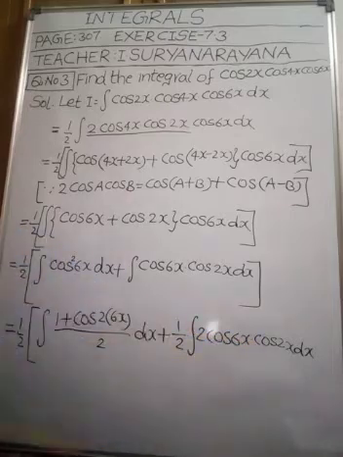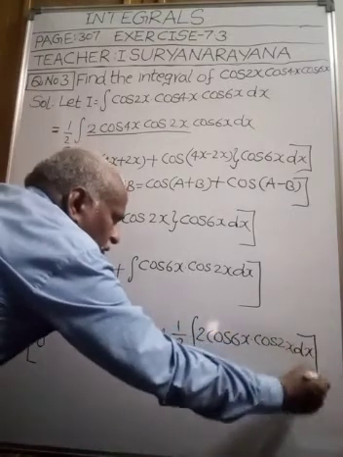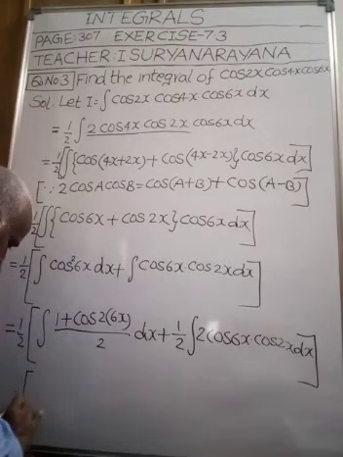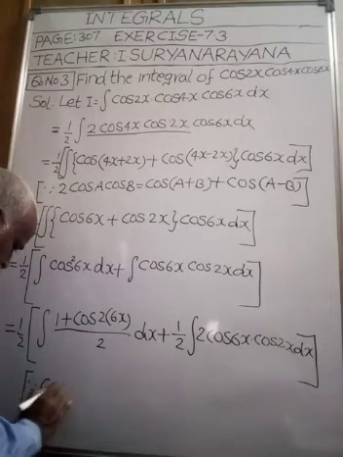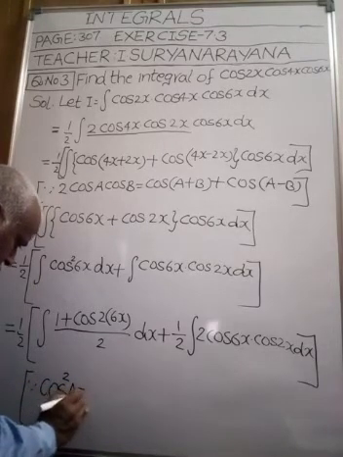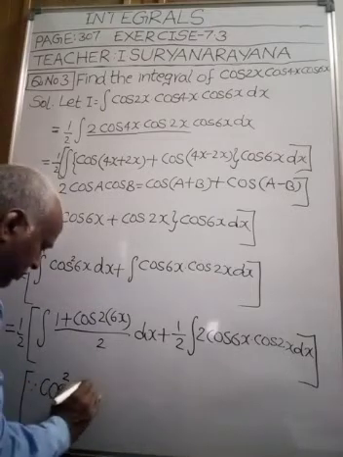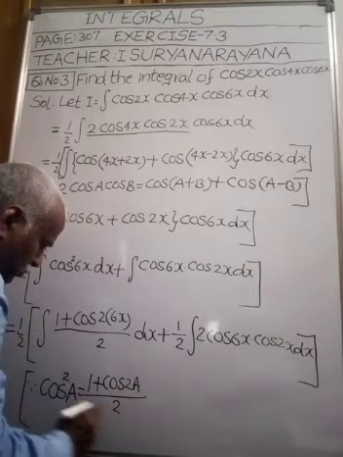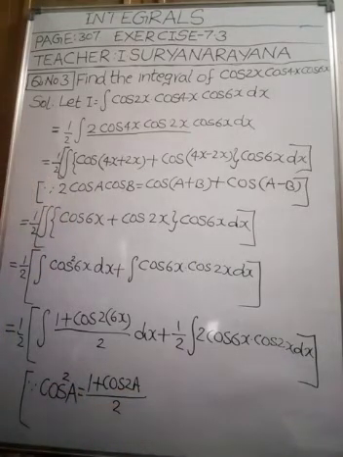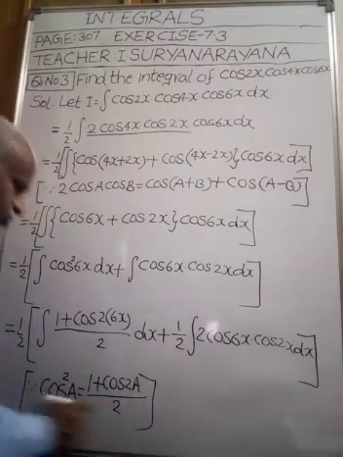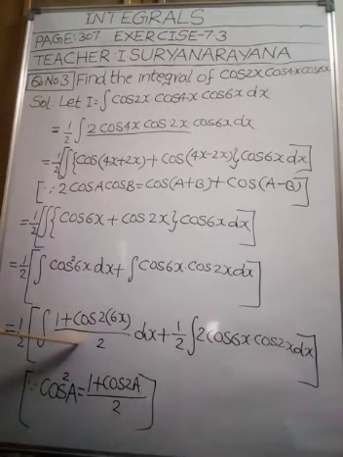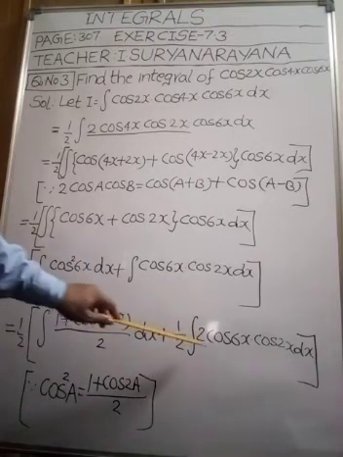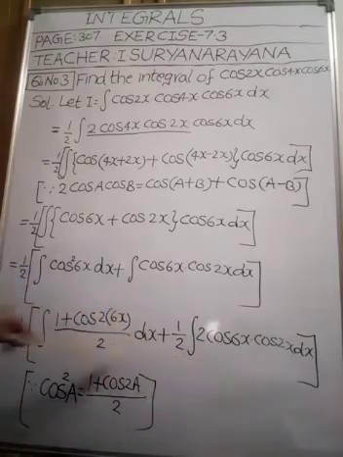Understood this second term, children? Here for the first term we used the trigonometric identity formula cos square a is equal to 1 plus cos 2a by 2. For the second term we multiplied and divided by 2. Then we got this second term. Understood this step, my children?